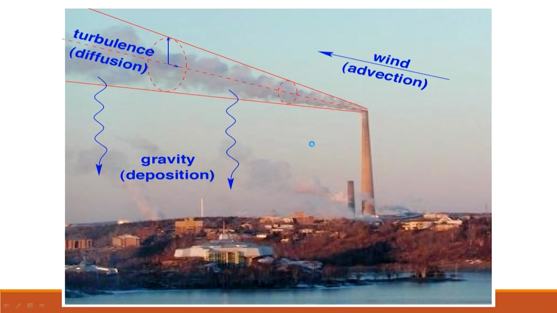Here we are going to talk about air pollution too, and we have this particular chimney out here, and the wind is blowing in this direction. So there is a net flow of fluid in this particular direction. That is why this transport is called advection.